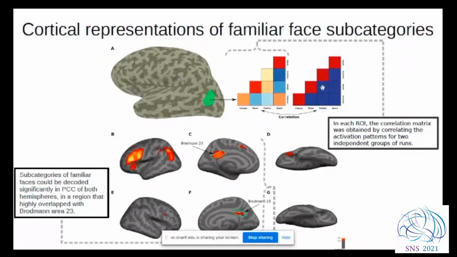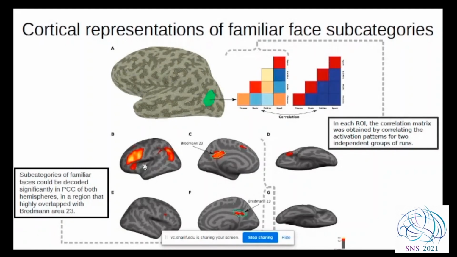The model matrix is basically an identity matrix, so it has a value of 1 along diagonal elements and a value of 0 in off-diagonal elements. So we compute Kendall-Tau correlation, and if we get a high correlation, it means that that region contains information about familiar face subcategories. So we do this analysis for all possible searchlight ROIs, and we come up with a cortical map.